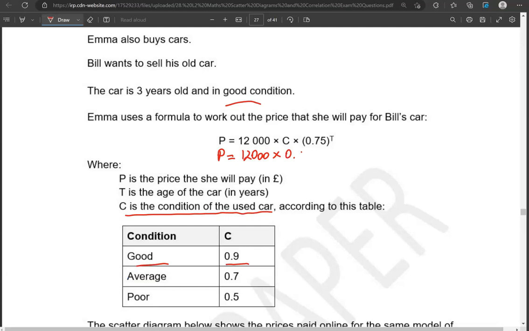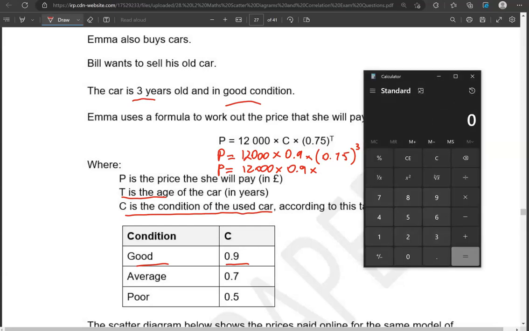So times 0.9 times 0.75 to the power of T. So T is the age of the car in years, and that is 3. So we'll do 12,000 times 0.9 times 0.75 to the power of 3. What is that? 0.75 times 0.75 times 0.75, which is 0.421875.